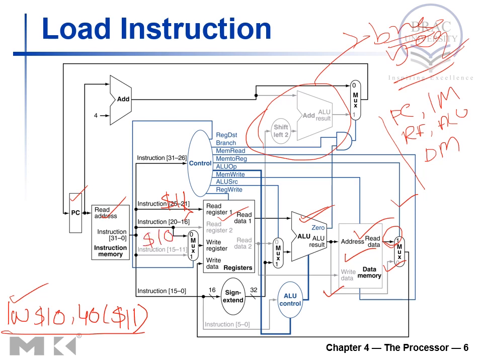See, this port will be selected through the signal coming from this link. Okay, and this is how load instruction will get executed over the same data path which we use for executing R-type instruction.